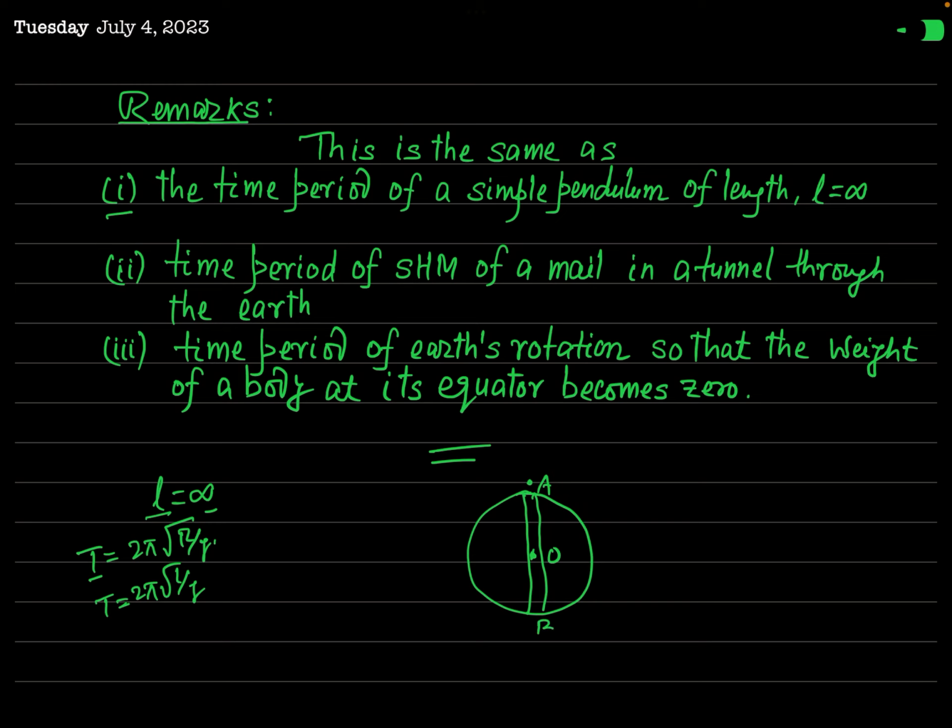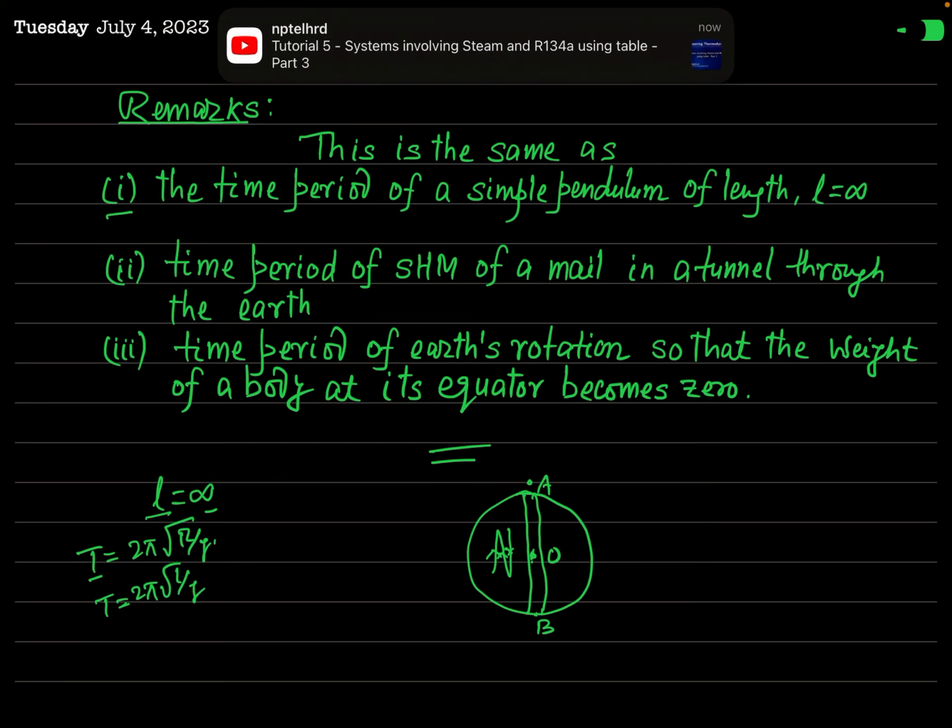It will move toward the center of the earth, and then again reach the other side of the tunnel. This particle will execute a simple harmonic motion in this tunnel about the center of the earth. It is not necessary that the tunnel should be through the center of the earth.